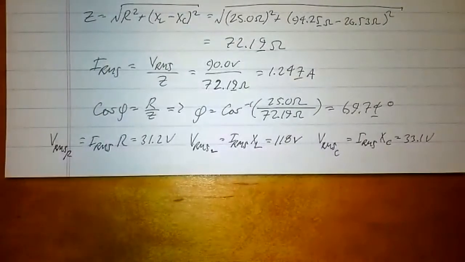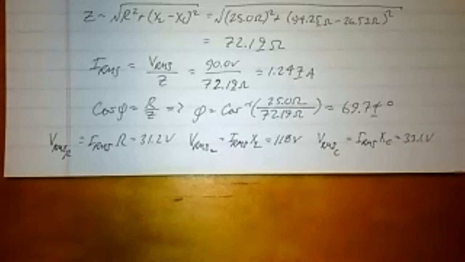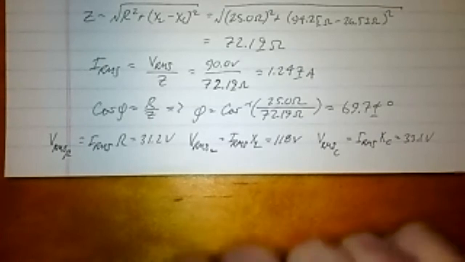So anybody have any questions? Yes, for XL, we had omega times capacitance, right? And I think we put the inductance instead of the capacitance in the equation.